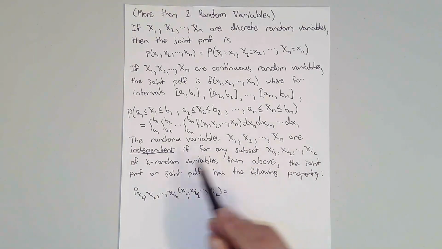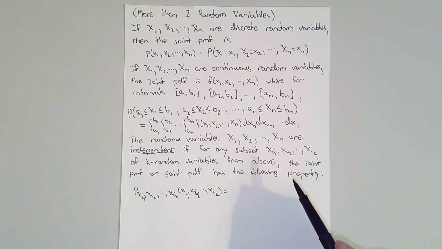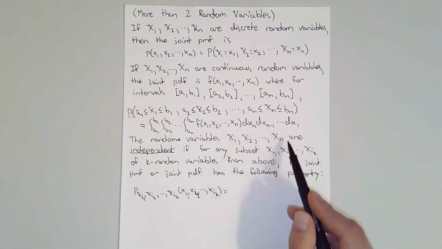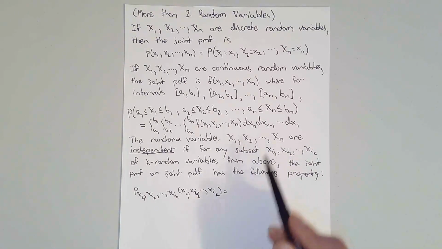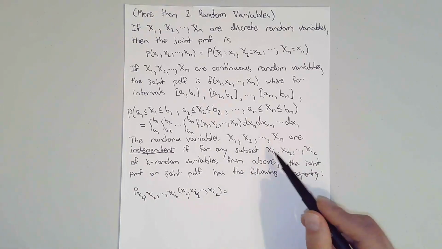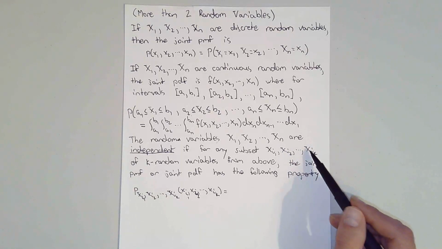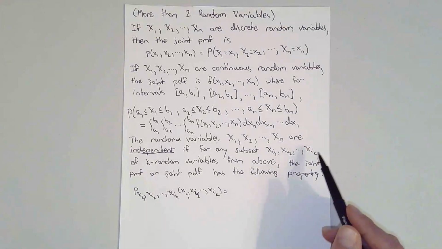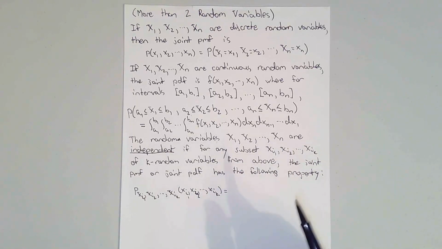But in the case where k is equal to 2, we take 2 random variables from above. When k is equal to 3, this is a subset of 3 random variables from above. So in general, we're going to let x sub i_1, x sub i_2, all the way out to x sub i_k be any such given subset of k random variables from above.